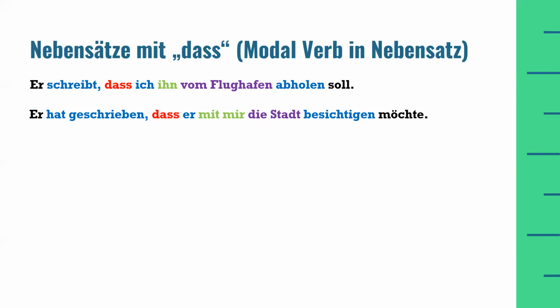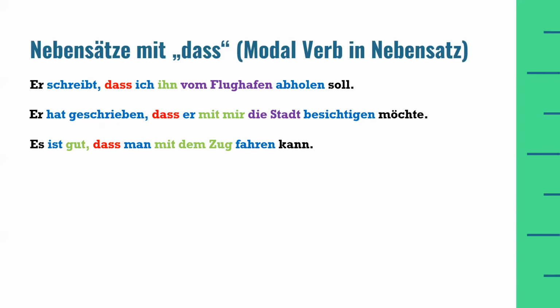Then comes besichtigen, which means to view. Besichtigen will remain besichtigen because we are using the modal verb möchten, and it is conjugated according to the subject of the sentence er, so it becomes möchte. So we are following the same sentence structure that we learned in the previous slide.